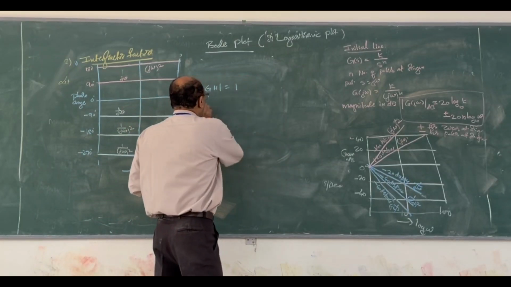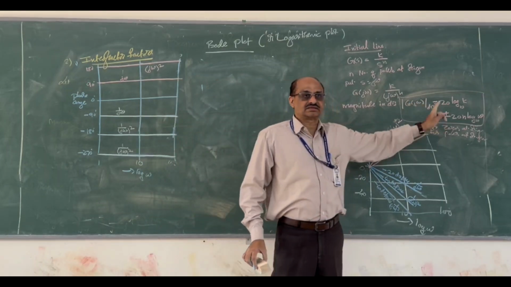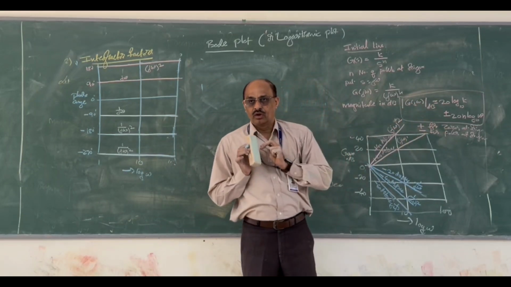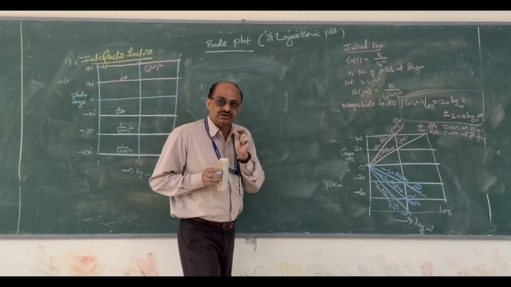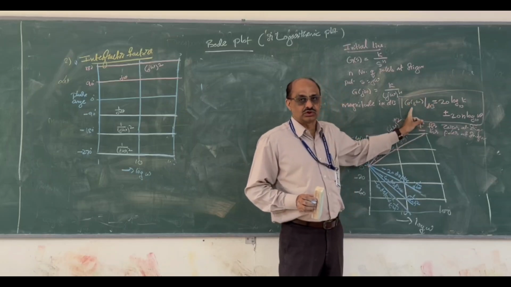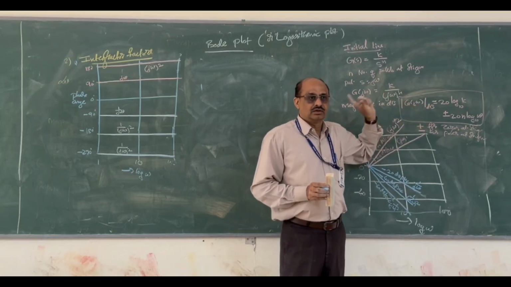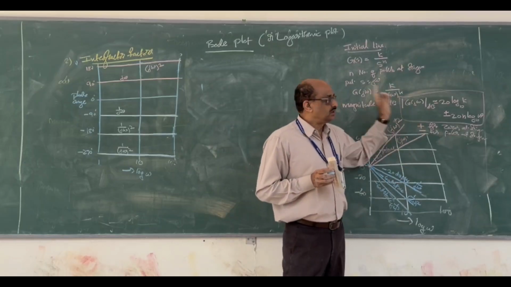Now we must know where the initial line touches the 0 dB line. When the initial line touches the 0 dB line, the gain becomes 0, so you will get the condition by substituting the 0 here.